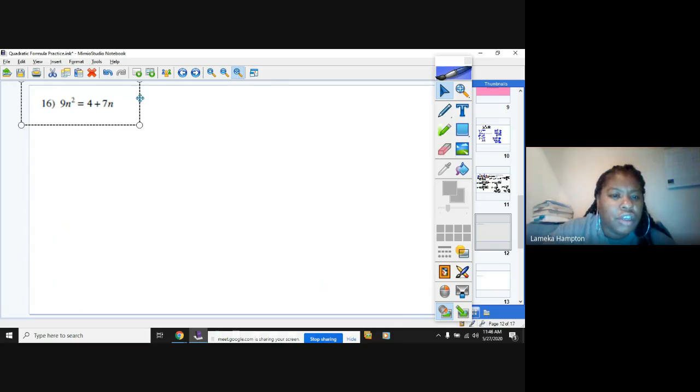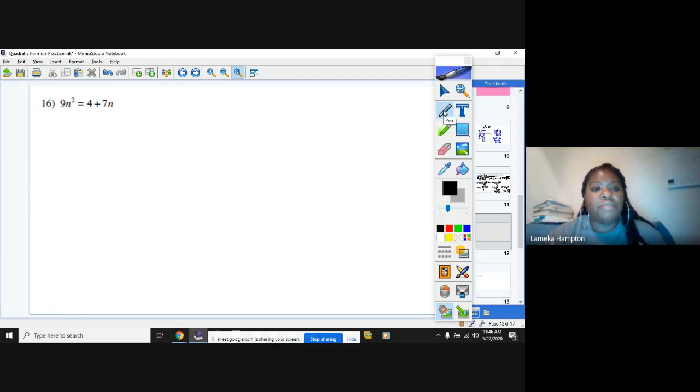All right, so I'm going to go ahead and lock that so that it will stay in place. Now, again, number 16, you're going to have to maneuver some things around simply because it is not following the standard format of a quadratic equation. So this is my left. This is my right. I need everything from my right to be on my left. So when I do that, I am simply going to subtract 7n.